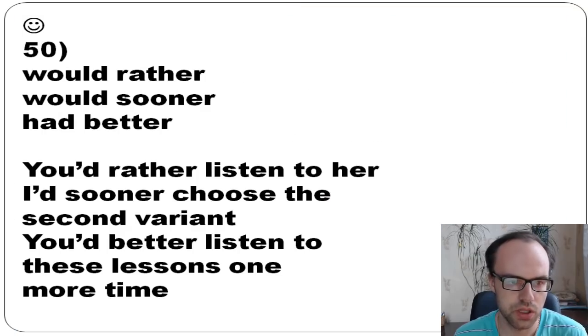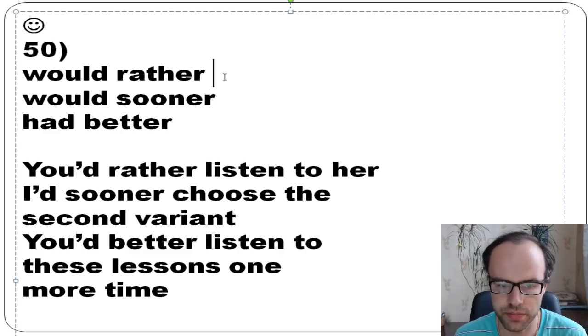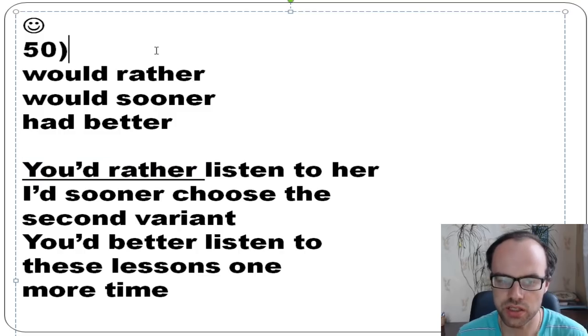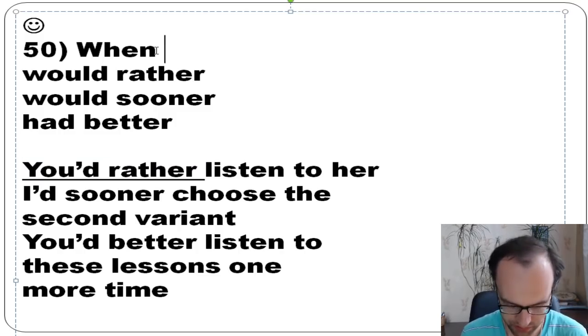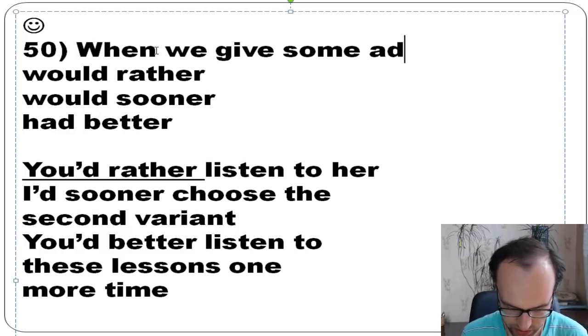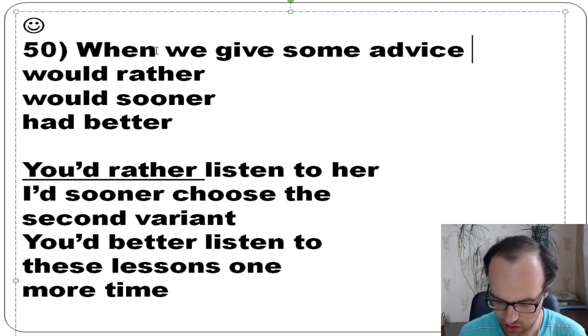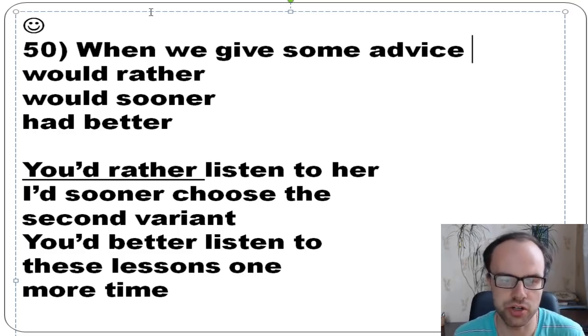Well, the next structures: would rather, would sooner, and had better. Look, it means you'd rather listen to her. Would rather, or you'd rather, is a short form. When we give some advice, we use these structures.